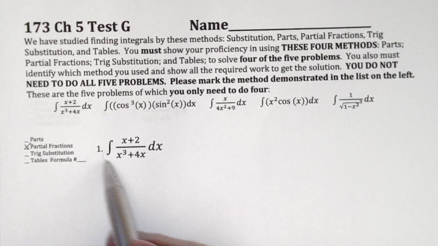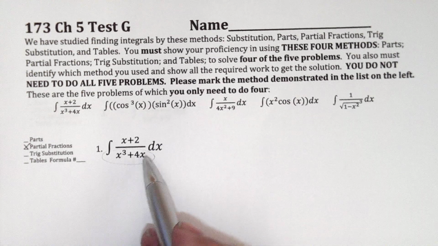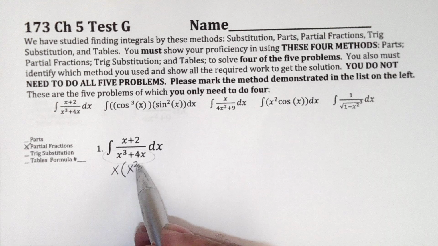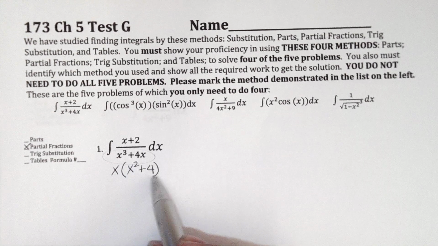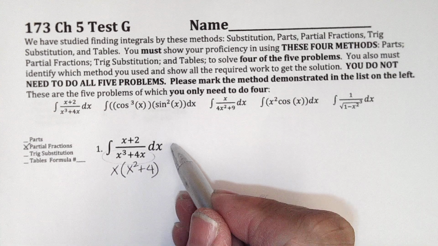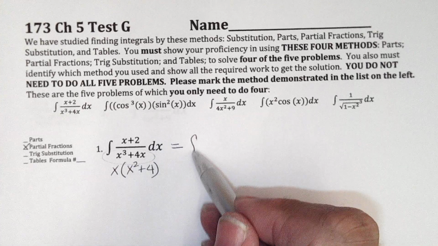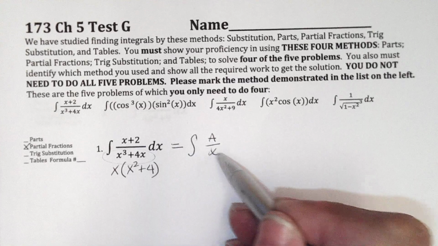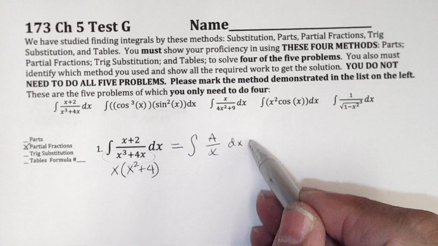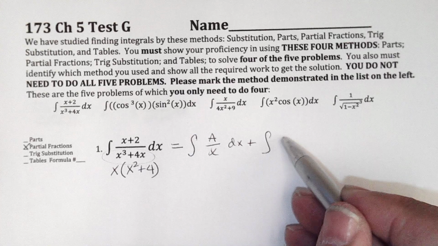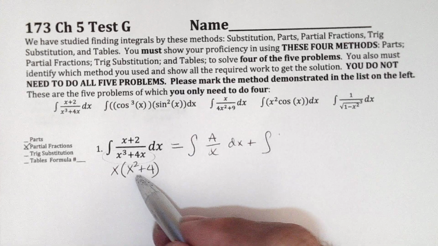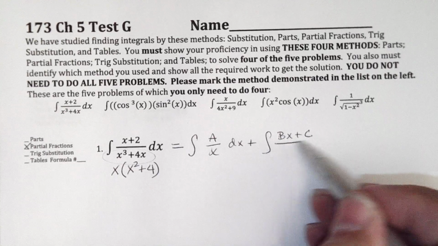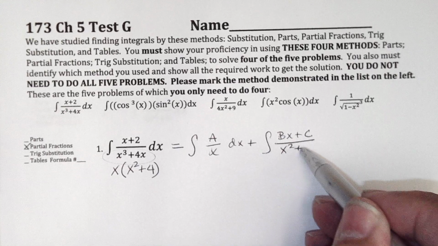I'm hoping you factored that denominator and said there's an x in both of these. And that would leave an x squared plus 4. That doesn't factor, so this would have to go to the integral. That's a linear one, A over x, plus that would be a quadratic, so it's Bx plus C over x squared plus 4.